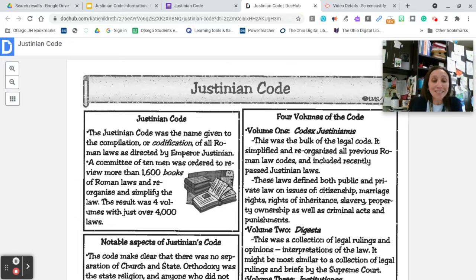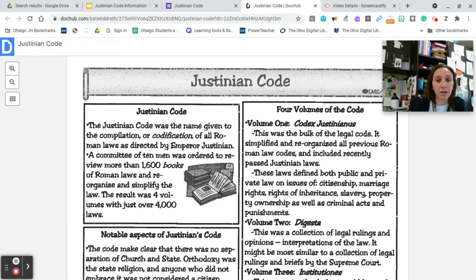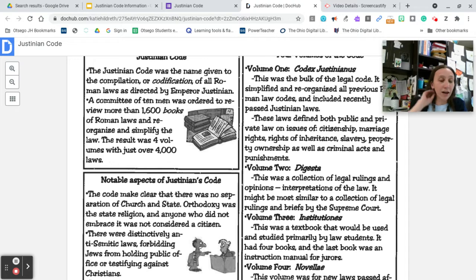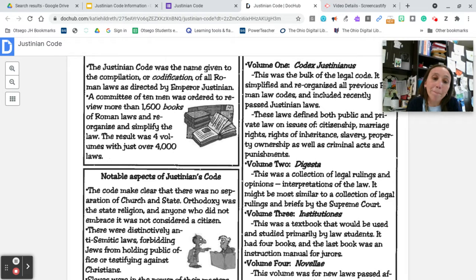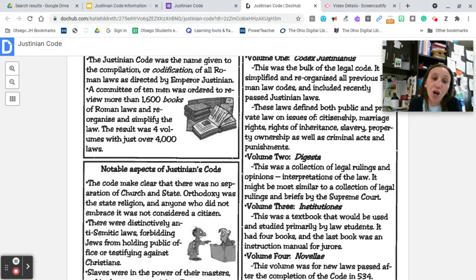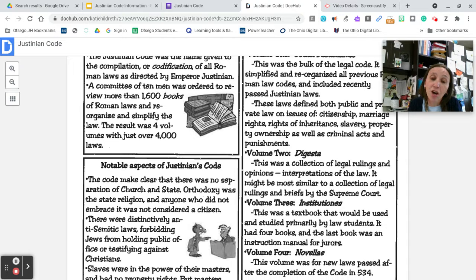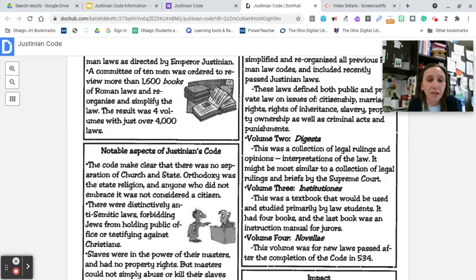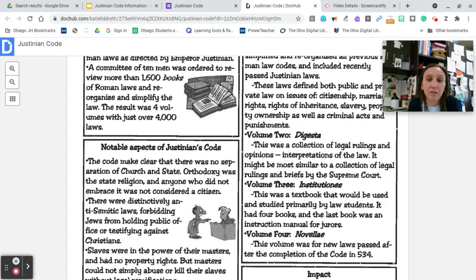So, notable aspects of the Justinian Code. Now, I will be honest with you, on the right-hand side, we're going to actually go over the volumes. So the code makes clear that there was no separation of church and state. Orthodoxy was the state religion, and anyone who did not embrace it was not considered a citizen. So religion was very important in their life in the Byzantine Empire.